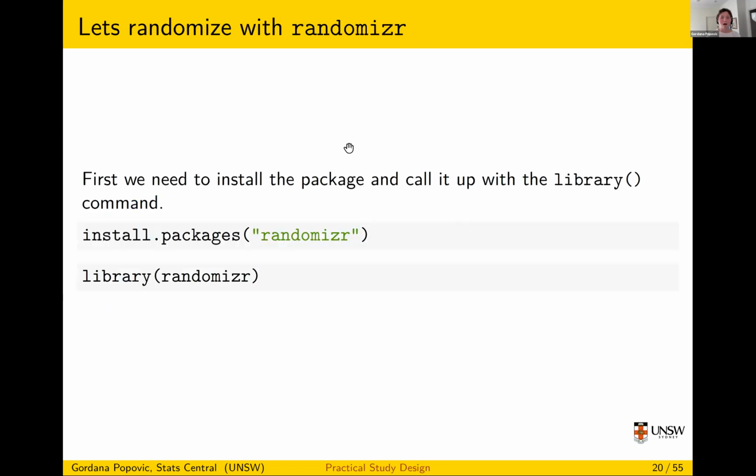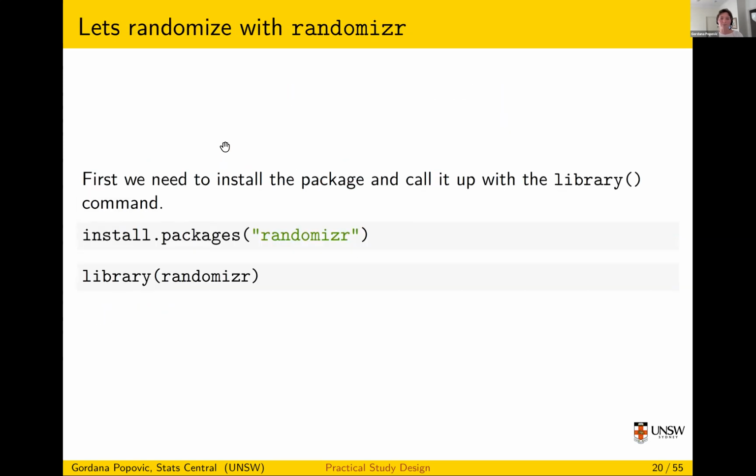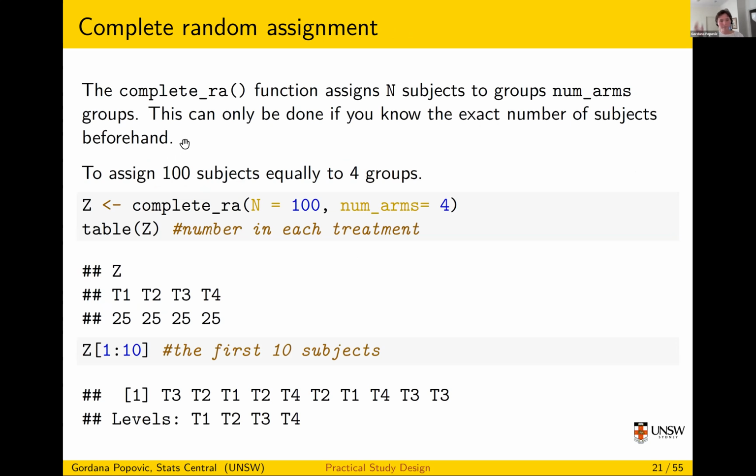Okay, so what about in R? In R, there's this package called randomizr. So we'll install the package and then we'll try to allocate some subjects to treatments. There's this complete random assignment function, and it assigns n subjects to num arms groups.